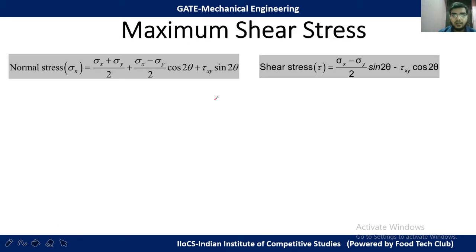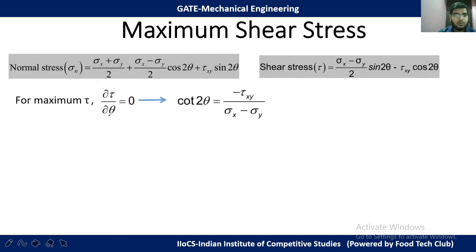Similarly, we can find the maximum shear stress for the given stress system. For maximum shear stress, the slope of the shear stress will be zero, and when we differentiate this equation and put it to zero, we get this relation which has been shown earlier also.